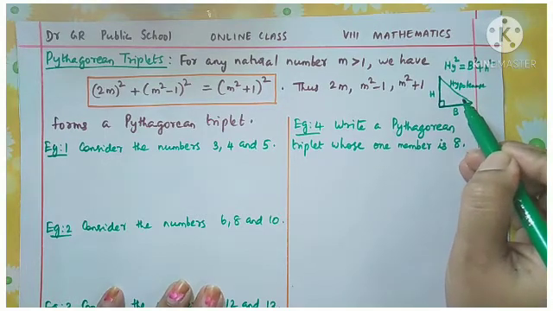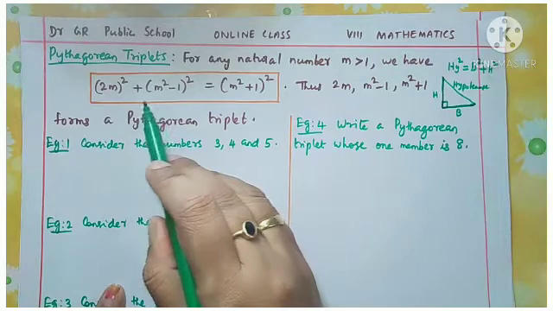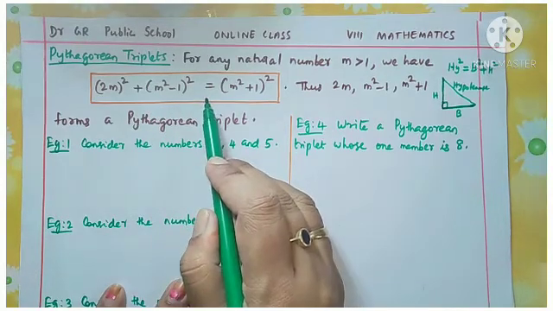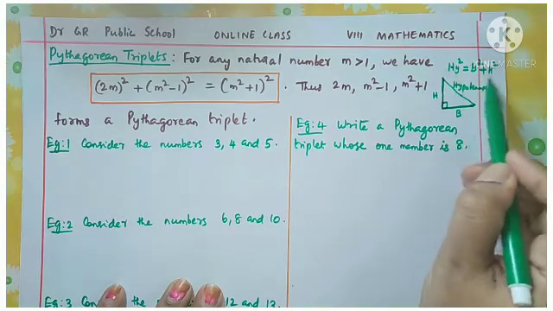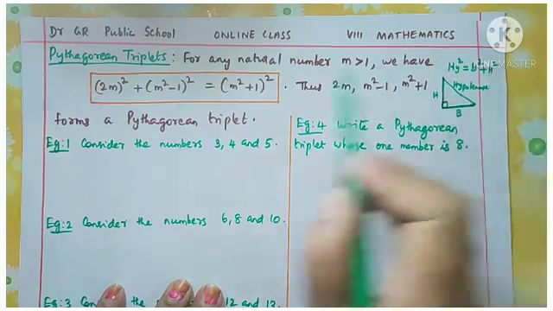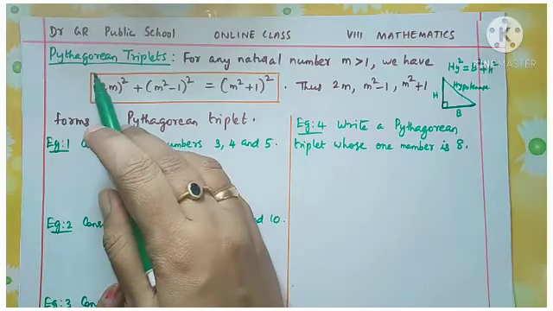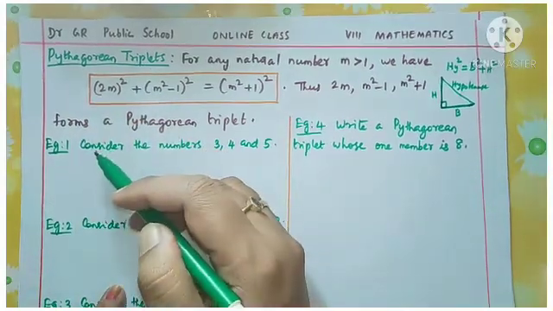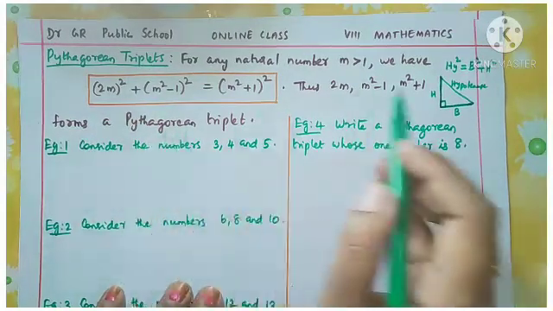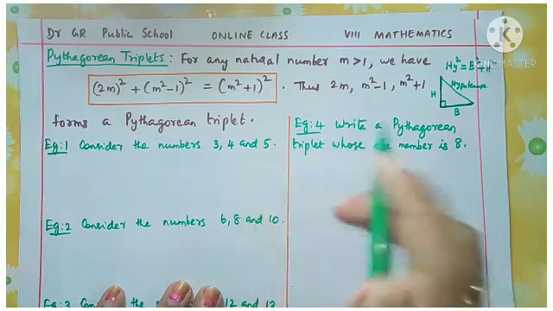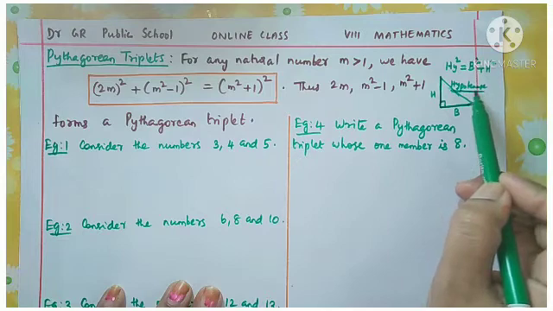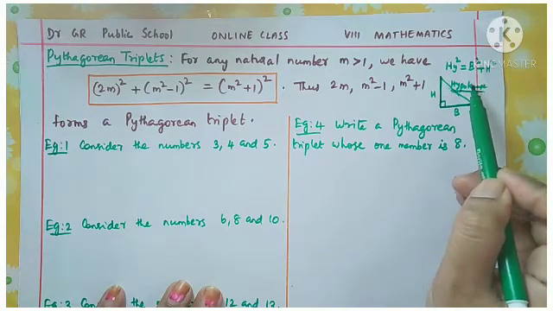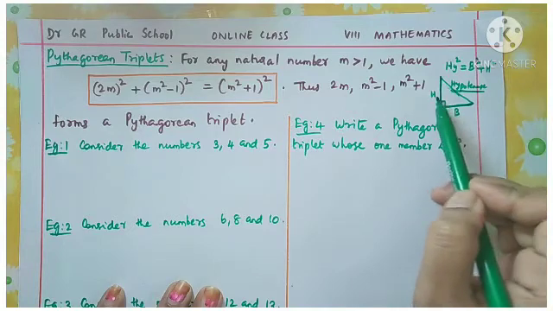Okay, so this is the Pythagoras theorem of a right angle triangle. The same concept we are applying with some numbers. If those numbers satisfy this Pythagoras property, then they can be called Pythagorean triplets. In a right angle triangle, the hypotenuse is the biggest side, so the biggest side square is equal to the sum of the squares of the other two sides.